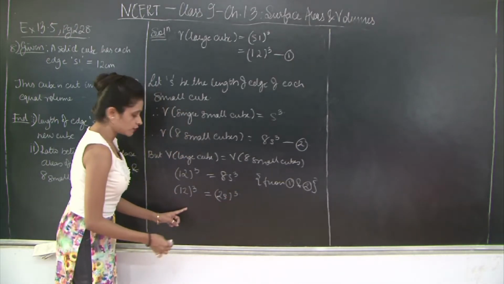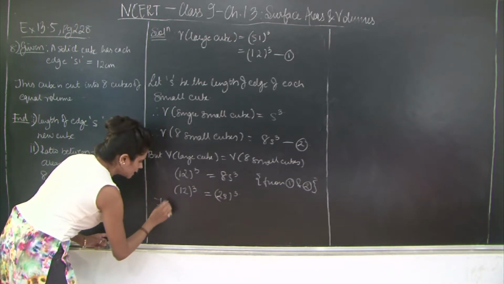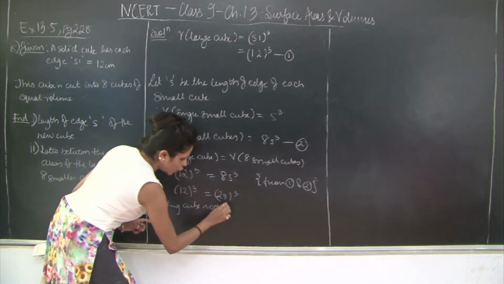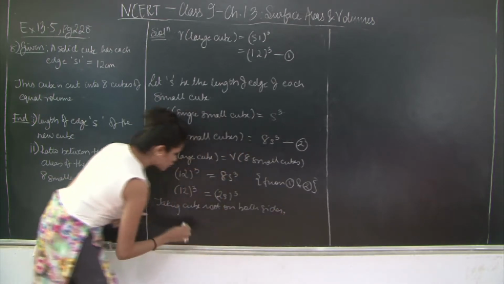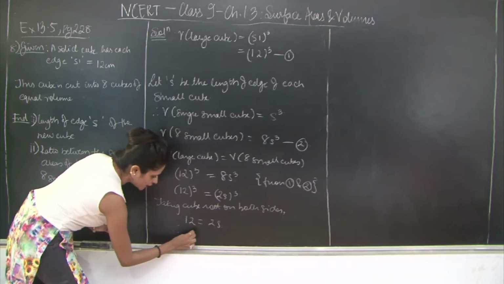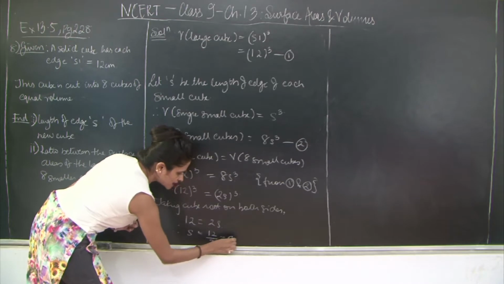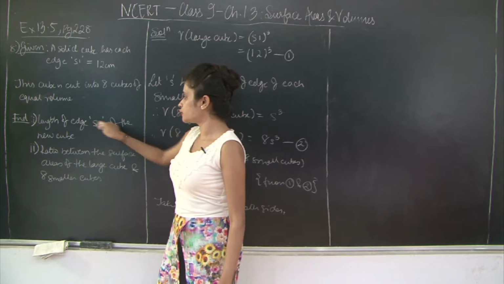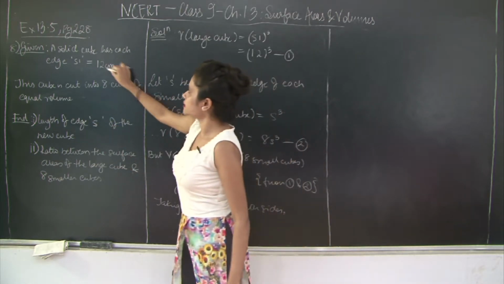Taking cube root on both sides, what do you get? 12 is equal to 2S, right? Therefore, S is equal to 12 divided by 2, which is equal to 6. Therefore, we got the first answer, that is the length of edge S of the new cube is 6 centimeters.